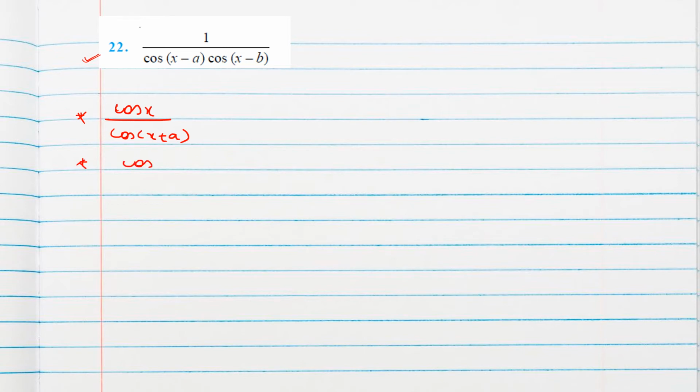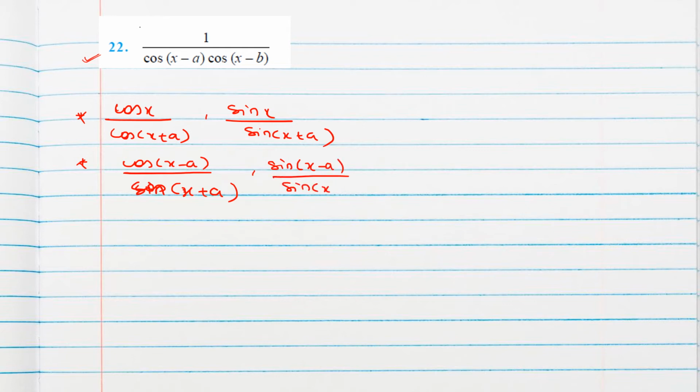Then cos x minus a divided by cos, or sine we can take, sine x plus a. For this, sine also we can take: sine x by sine x plus a. For this also we can take sine x minus a by sine x plus a, suppose. Then sine x plus a in numerator and cos x plus a in denominator.